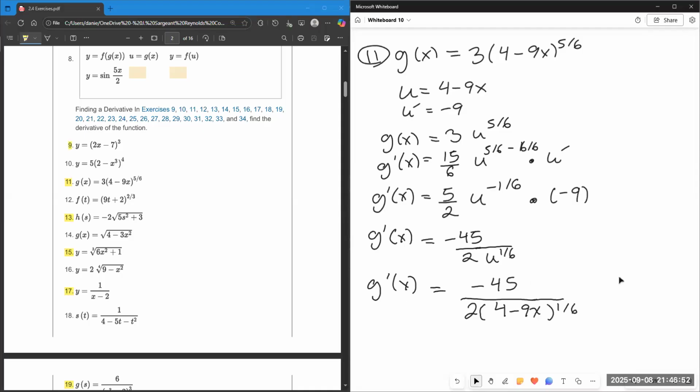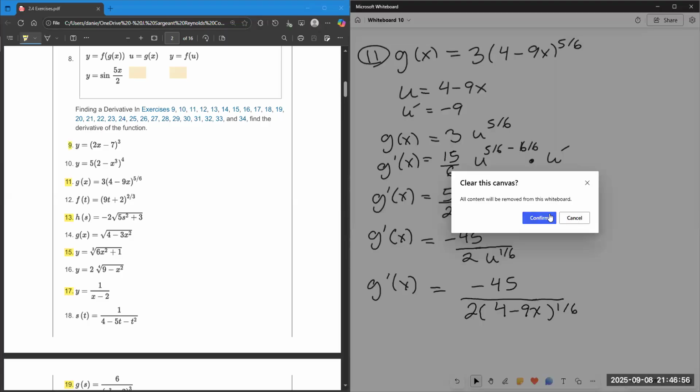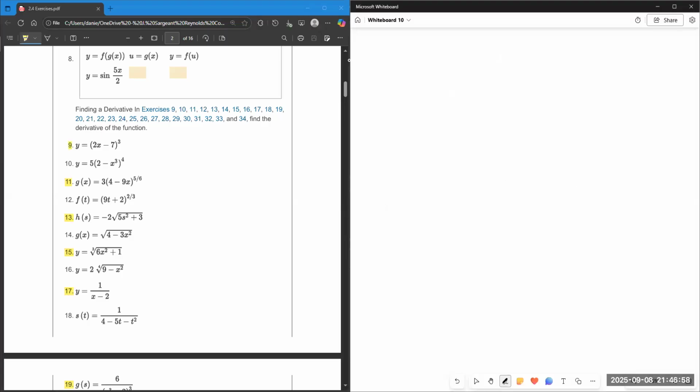Let's look at number 13. Thirteen says h of s is equal to a negative 2 times the square root of 5s squared plus 3.